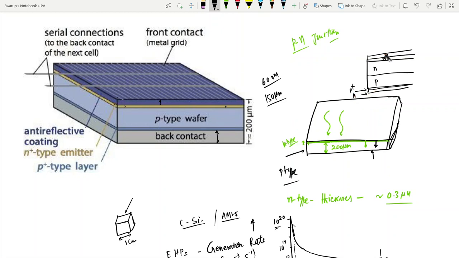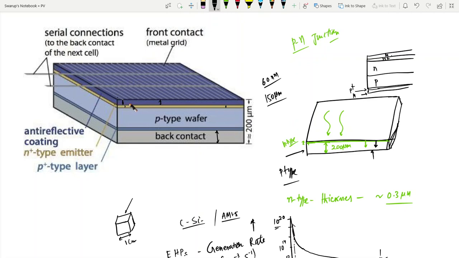And yes, we have the anti-reflection coating, generally on top of the metal only. Here it is not clear, because this anti-reflection coating should not be on top of the N-type, right?